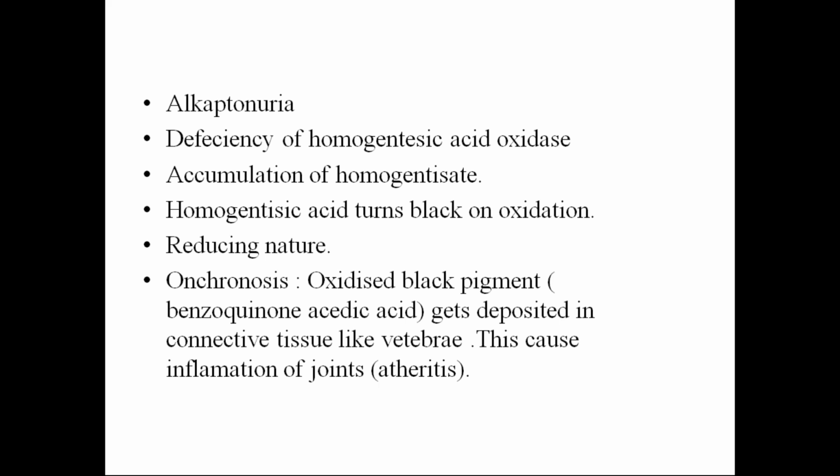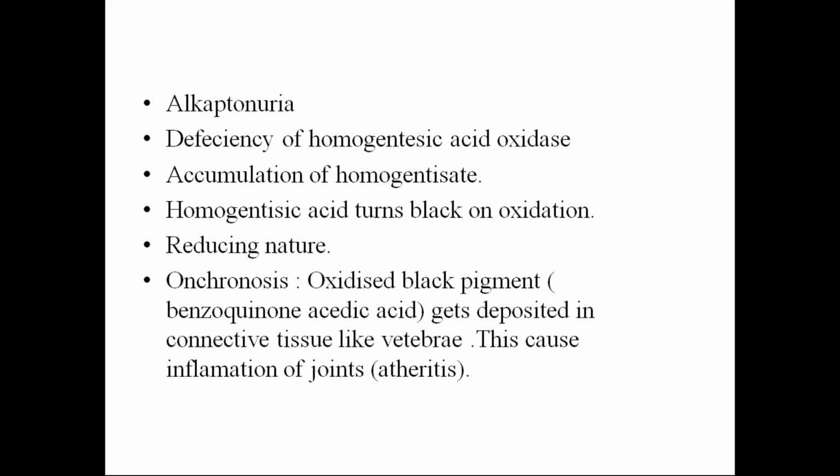This is the oxidized product of this homogentisic acid. It gets deposited in the connective tissue like vertebra, right? In vertebra all this oxidized black pigment will get deposited and this will cause the inflammation of the joints. And this can lead to the arthritis, right?